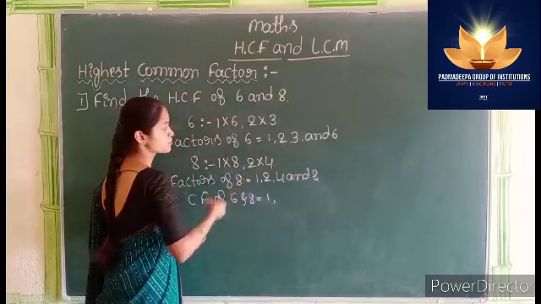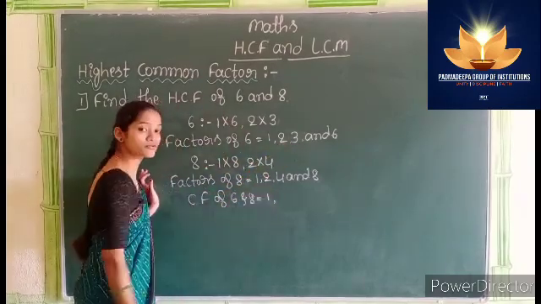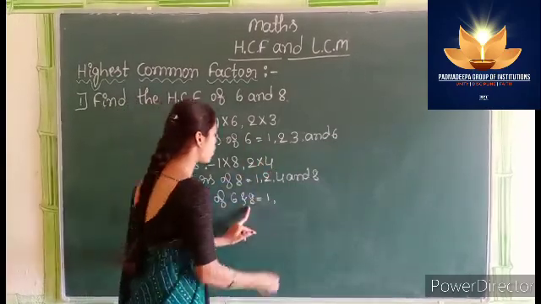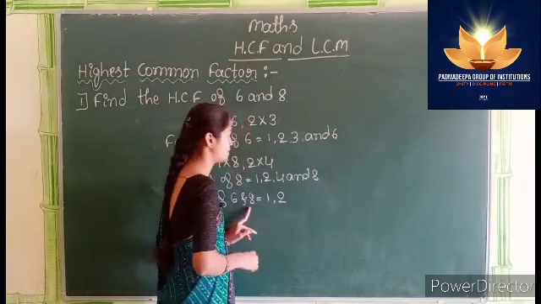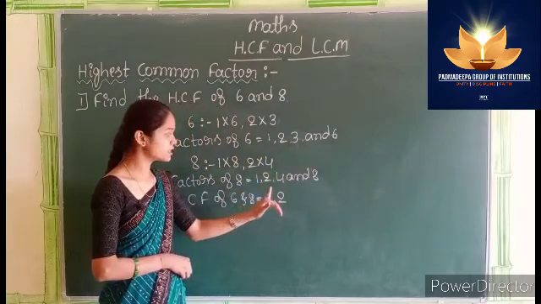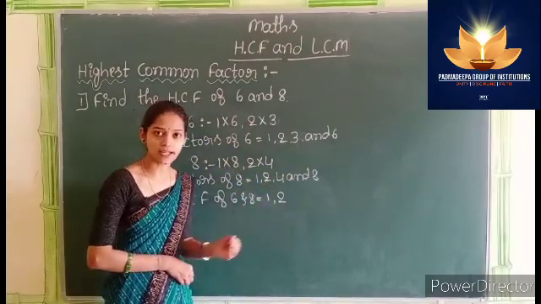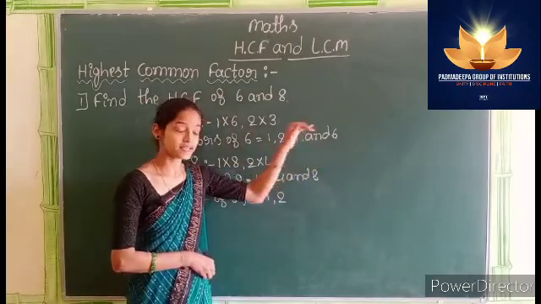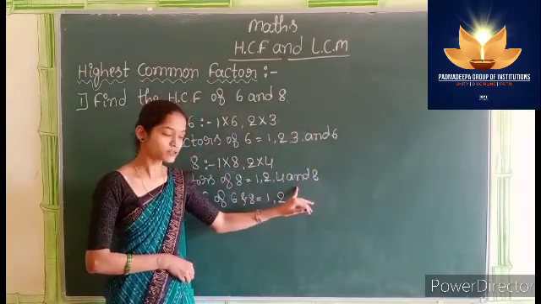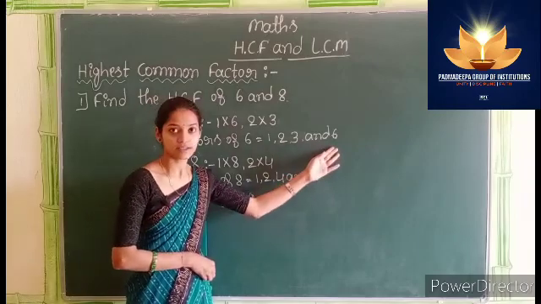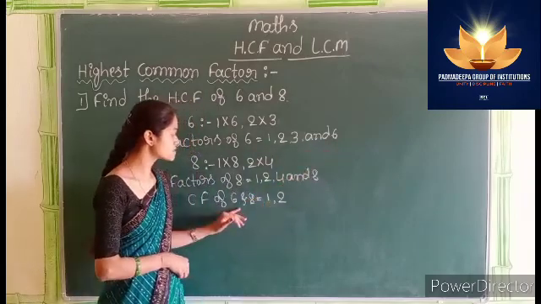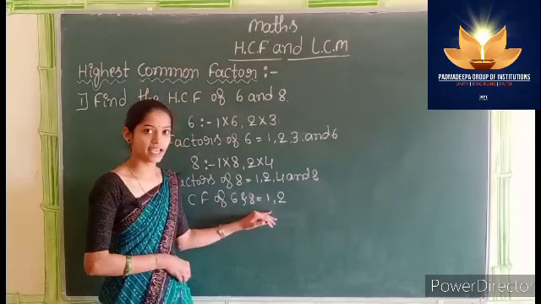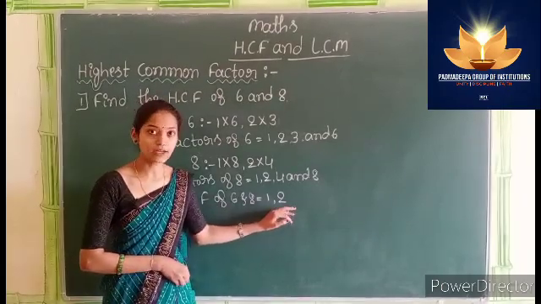Then 2 is also a factor of 8, so 2 is a common factor of 6 and 8. Then 3 is not a factor of 8, so we cannot consider 3 as a common factor. Then 6 is also not a factor of 8, so 6 is not a common factor of 6 and 8. So the common factors of 6 and 8 are 1 and 2.